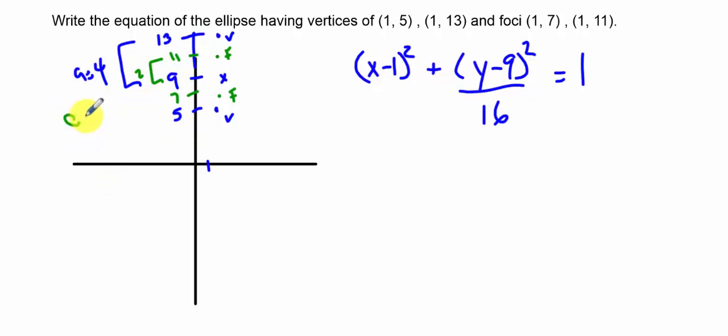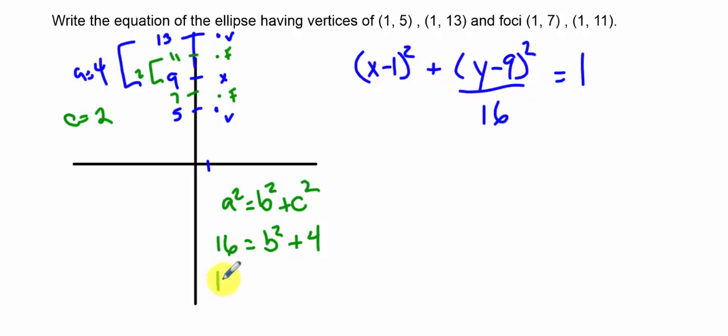So I know c is equal to 2, and we also know that a squared equals b squared plus c squared. A squared, as we've already stated, is 16. B squared we're looking for. C squared is equal to 4. Therefore, 12 is equal to b squared, which I can put right under that x squared term.